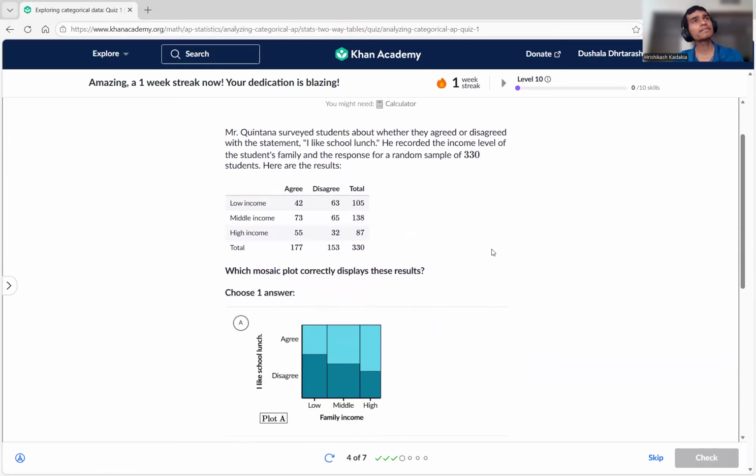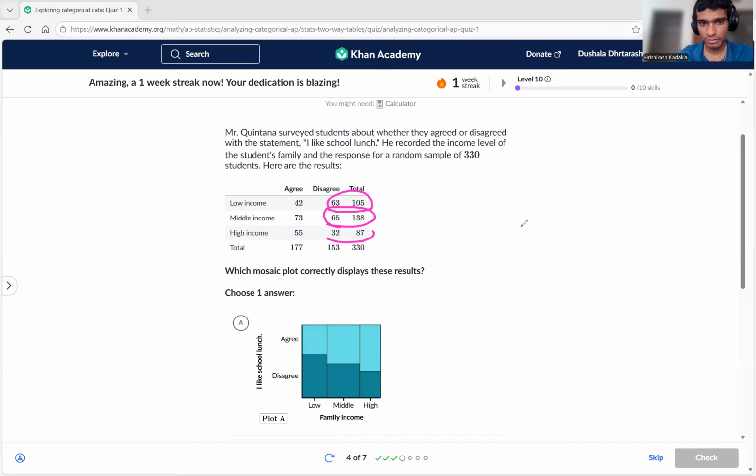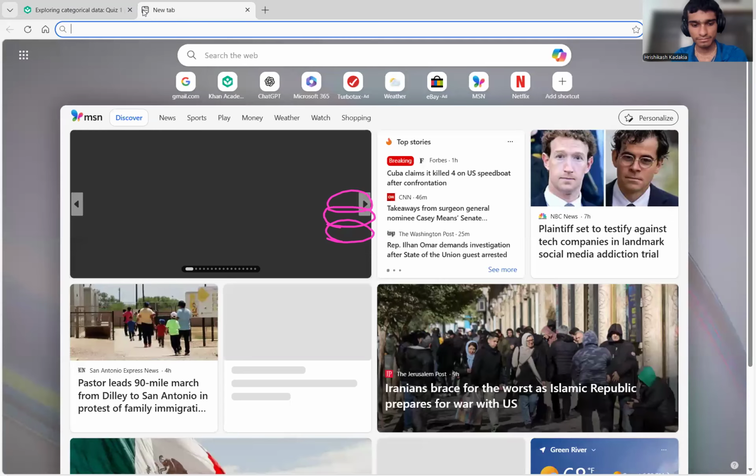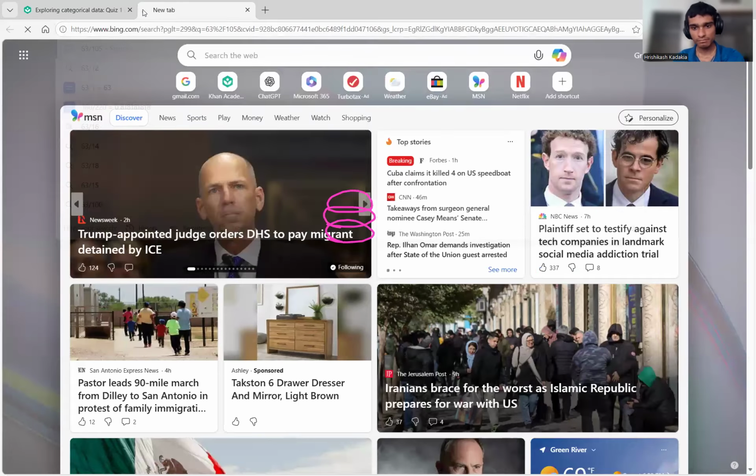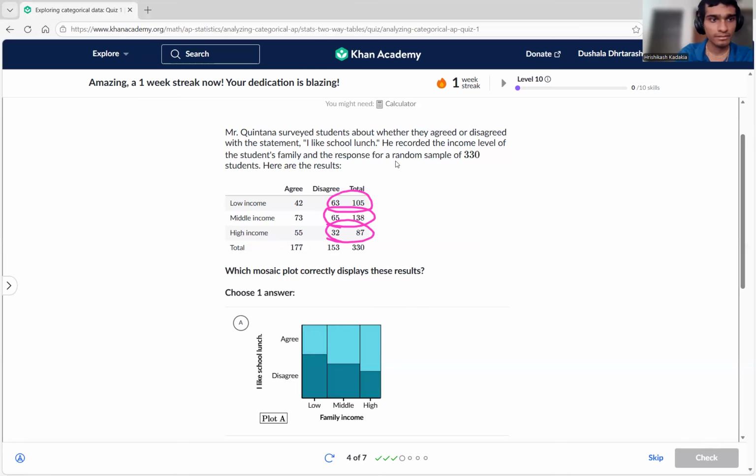Now we need to compare how many out of how many disagree in those specific groups. If we get the percentages, 63 out of 105 disagree, 65 out of 138 disagree, and 32 out of 87 disagree in the specific income groups. So low income, 63 out of 105 disagree. What percentage is that? 60. Let's write it down. 60.